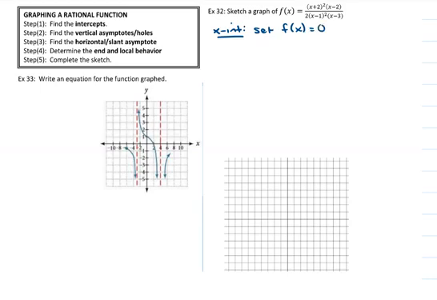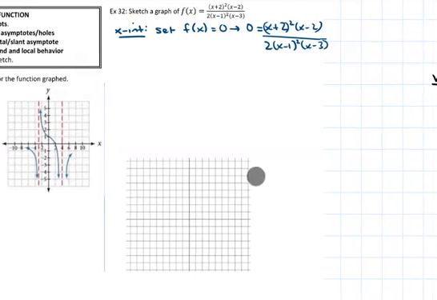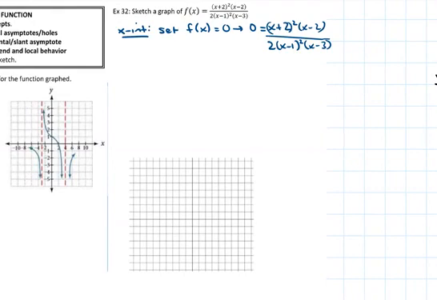That's going to leave us with 0 equals the entire rational function, and we know from a little bit of algebra that if a rational function is equal to 0, it really means that the numerator is equal to 0. So that leaves us with x plus 2 squared times x minus 2.